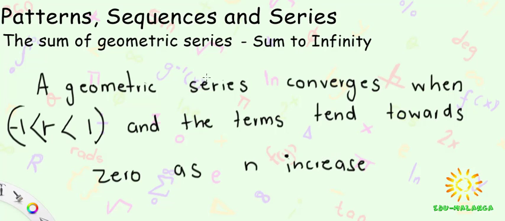So this is when you have a converging geometric series. You can sum the terms to infinity of a geometric series that's converging because it's converging towards a single term.